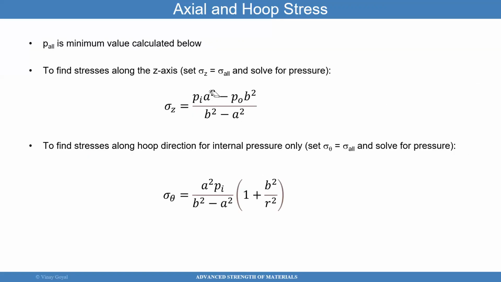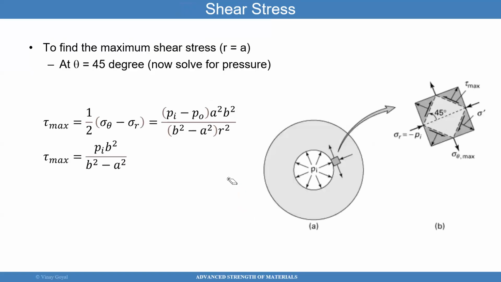What you want to make sure is to calculate the internal pressure so that the stress does not exceed the allowable. You do that for the axial stress, and then you calculate the pressure so that the hoop stress does not exceed the allowable as well. And finally, you will calculate the shear stress. The shear stress is basically 1/2 the subtraction of the two principal stresses.